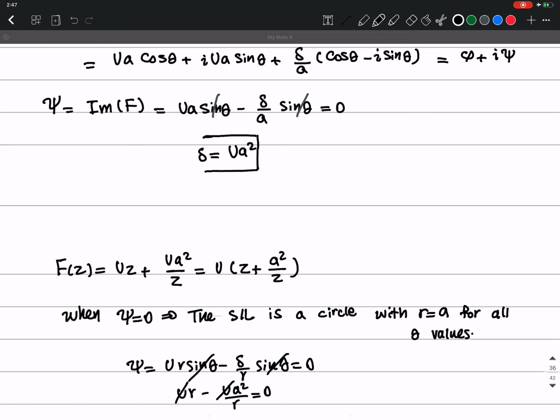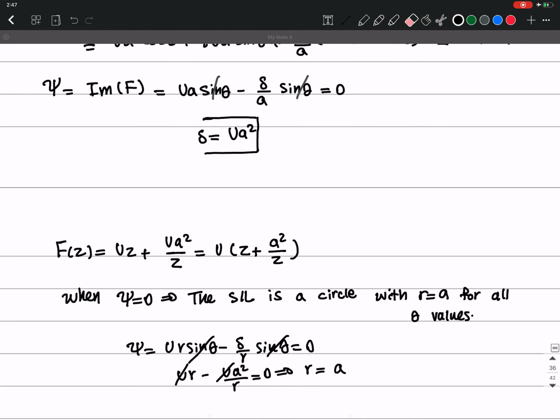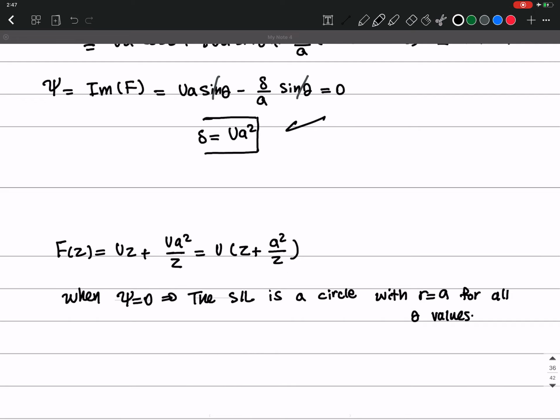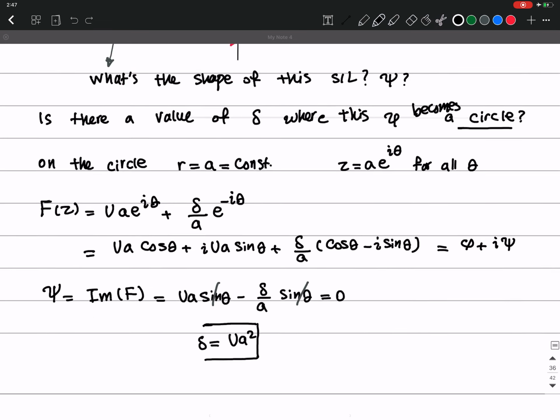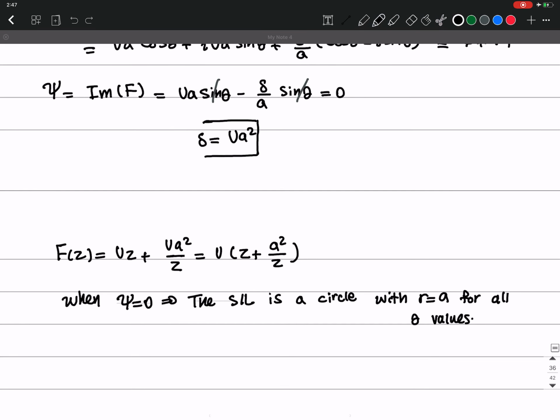You are going to cancel out, so r should be always a here. Okay, so this defines a circle. If we set delta as UA squared, then psi equals 0 defines a circle with r equals a for all theta values.